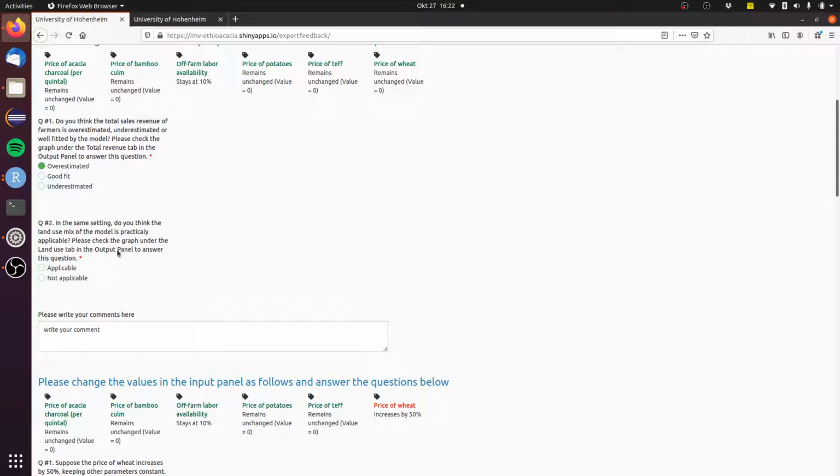So now the question is whether the expert thinks the land use mix or the land use plans shown in the land use tab in the output panel is practically applicable or more realistic. And we are asked to see the land use tab in the output panel to answer our question.